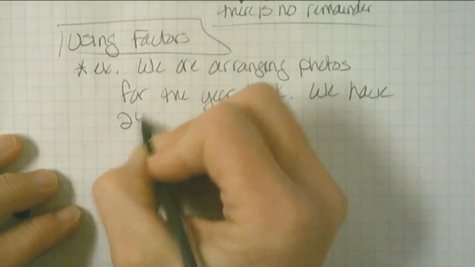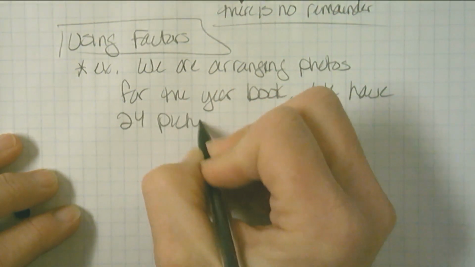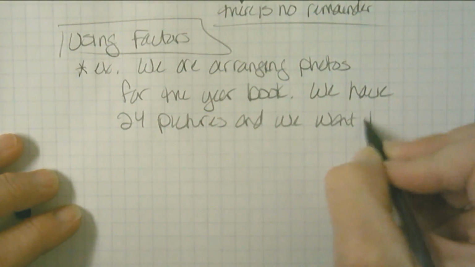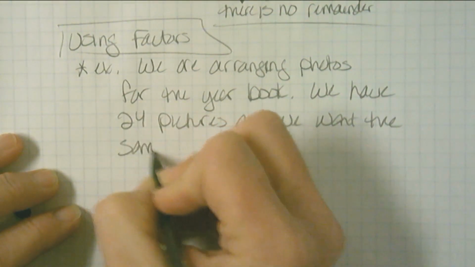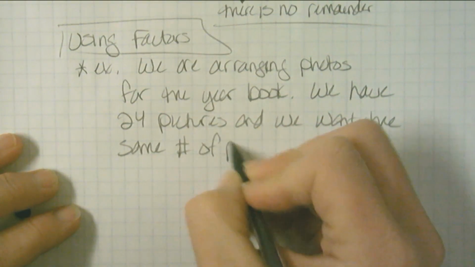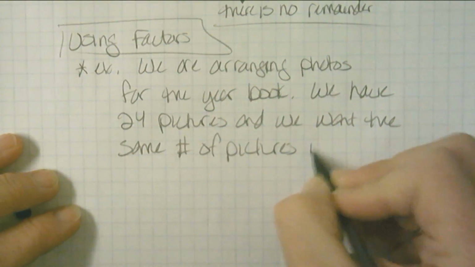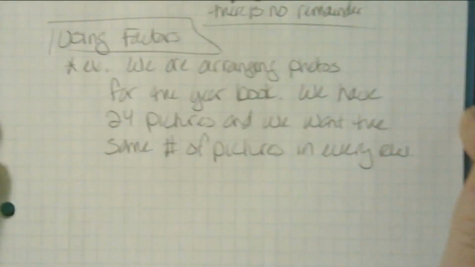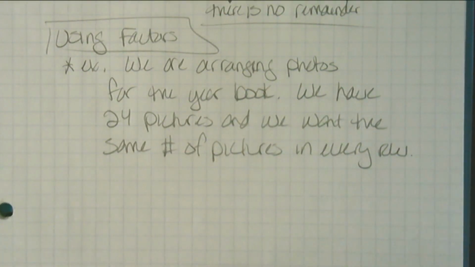We have 24 pictures, and we want the same number of pictures in every row. So we're setting up pictures in the yearbook. We're going to have rows and columns, but we're having rows of pictures. We want the same number of pictures in each row.